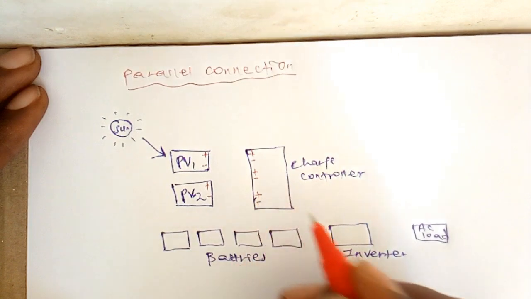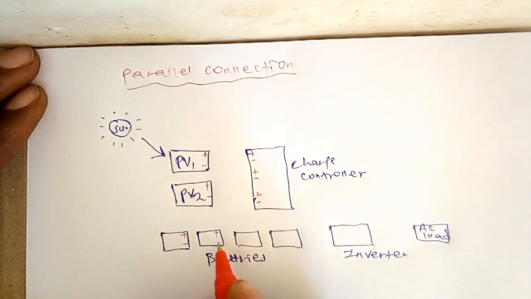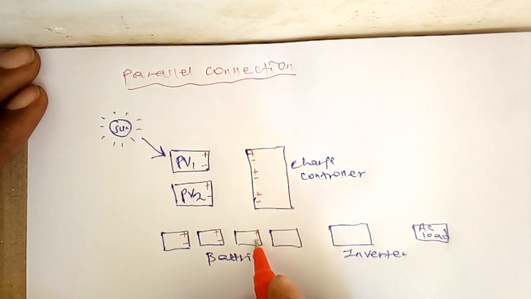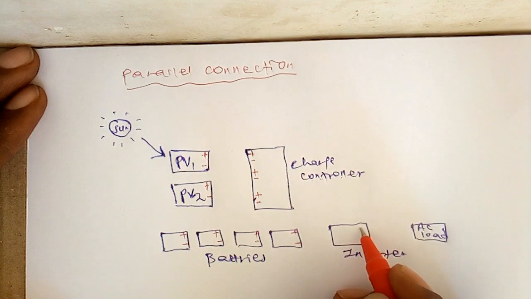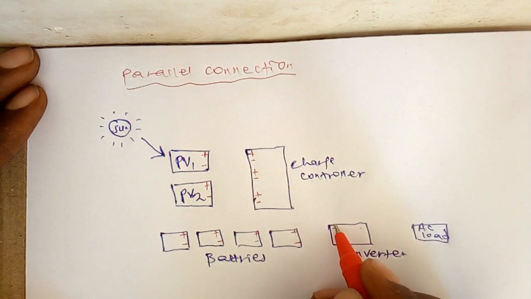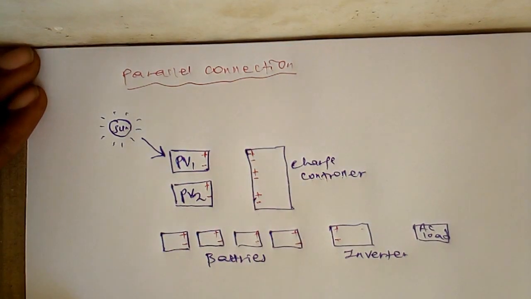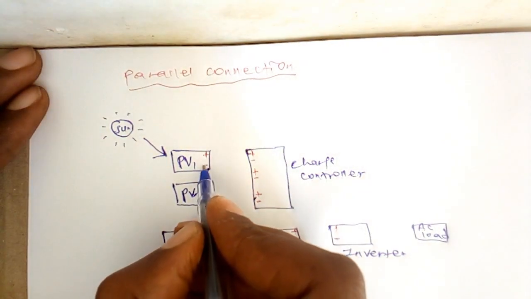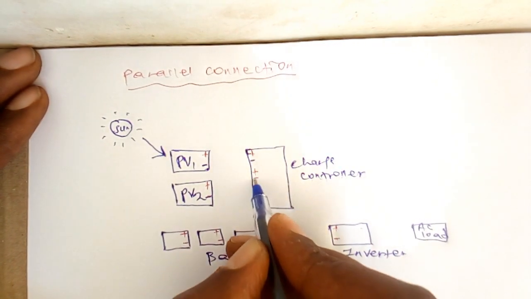To connect them in parallel, the plus sign is connected to the plus sign. Let's connect them. Here is the minus sign.